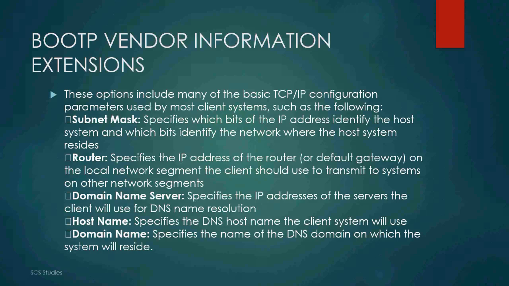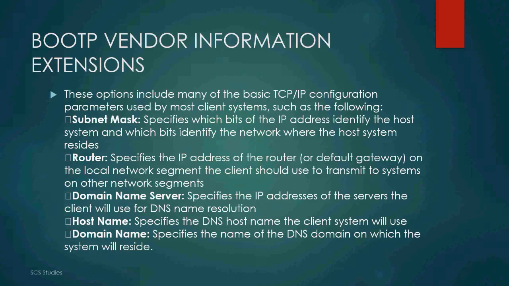Next is host name. It specifies the DNS host name the client system uses. So host name is the default feature. Whenever a client computer tries to get an IP address from a DHCP server, it automatically takes its host name as the identity of the client machine.